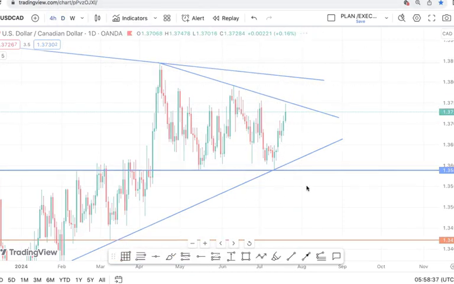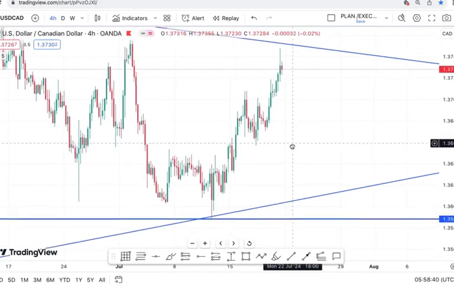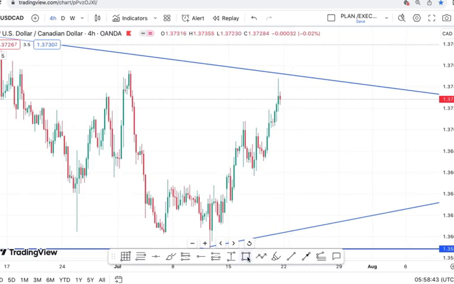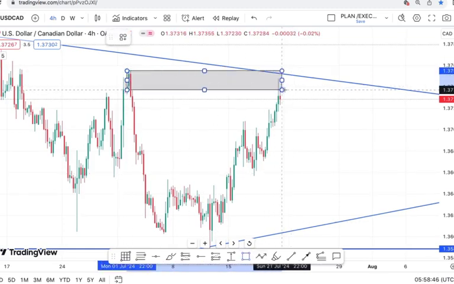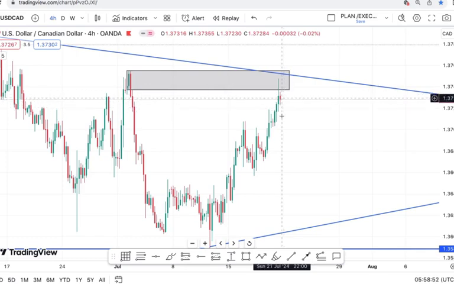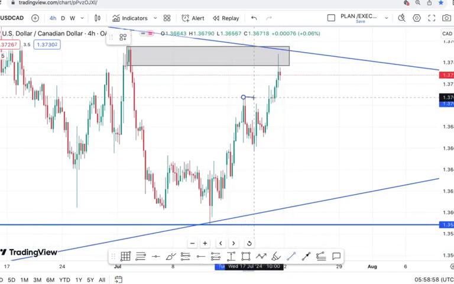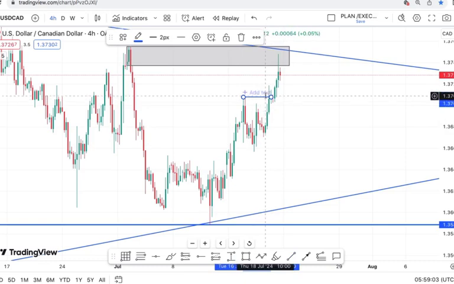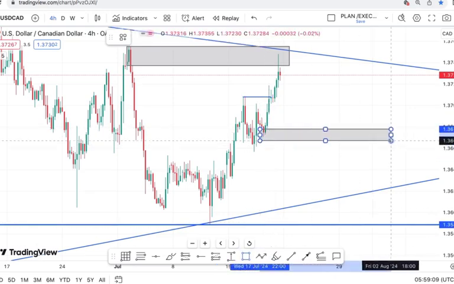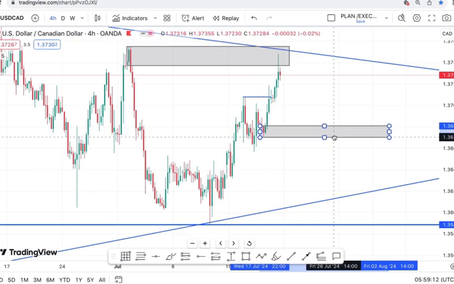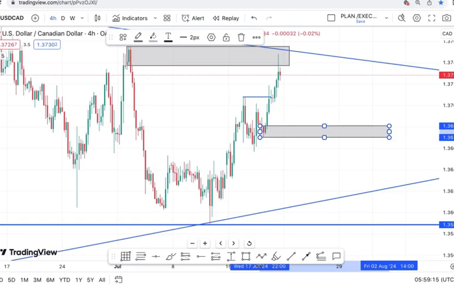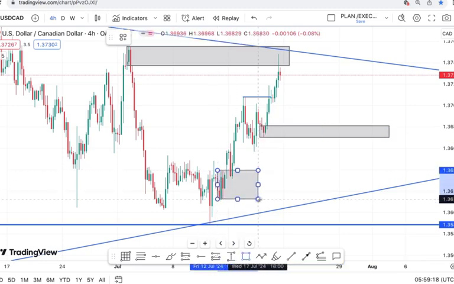So moving on to the 4 hour, we are looking at price currently reacting from this supply zone. Price rejected it perfectly, and currently price is moving to the downside. Knowing what we know now about the sentiment and fundamental side of things, you see price has broken structure, moving higher high, lower high. Now I'm expecting price to do what? To move down to this supply zone here in the course of the week, because if you look closely, all the supply zones have been respected.